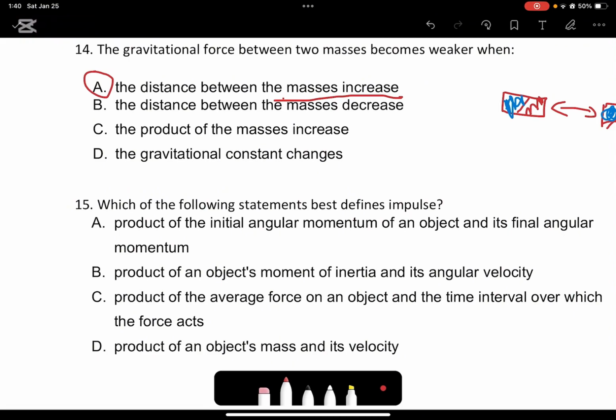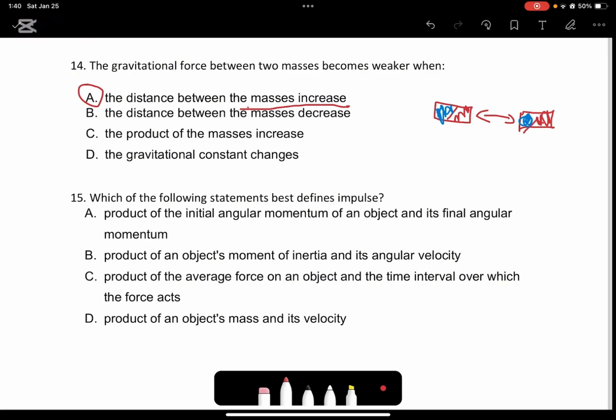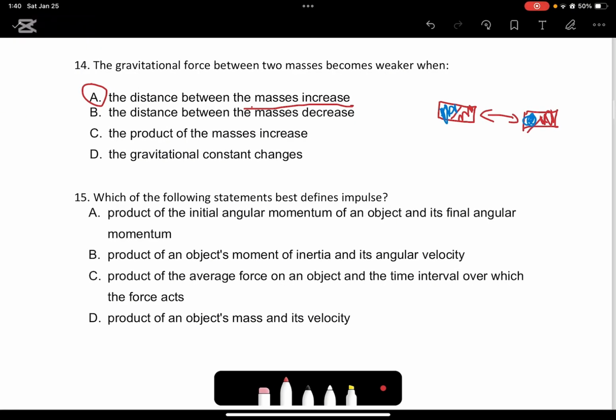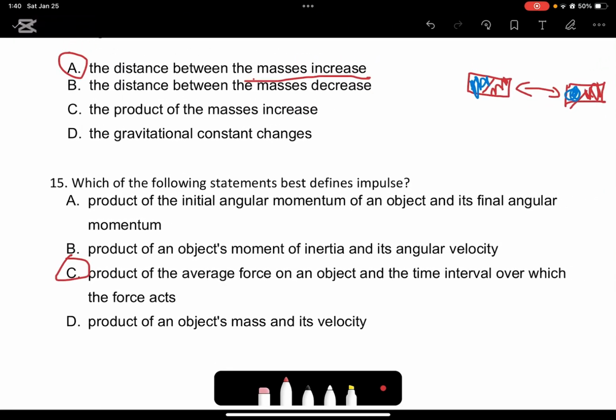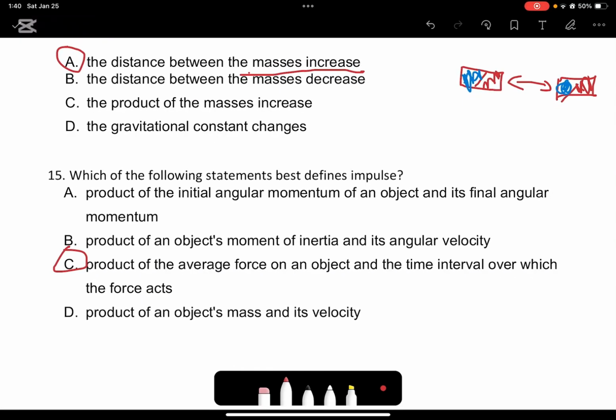Which of the following statements best defines impulse? So as you know, impulse is the product of the average force on an object and the time interval over which the force acts. I don't have a simple example I can explain, and it would be hard.